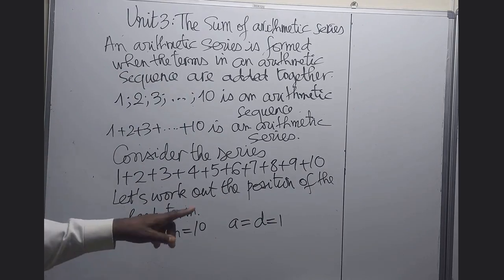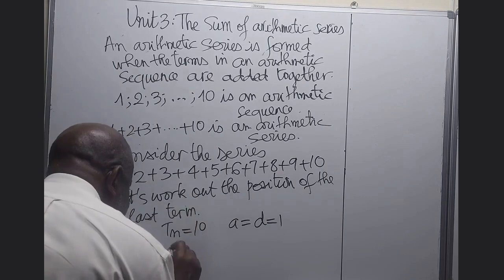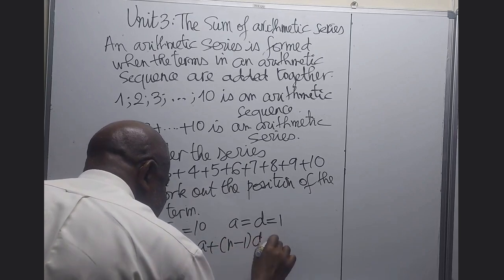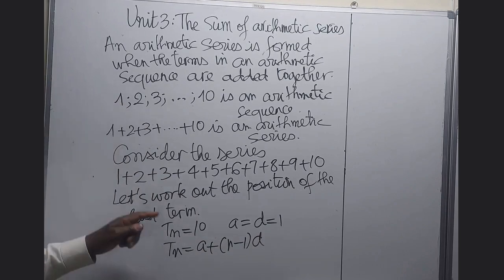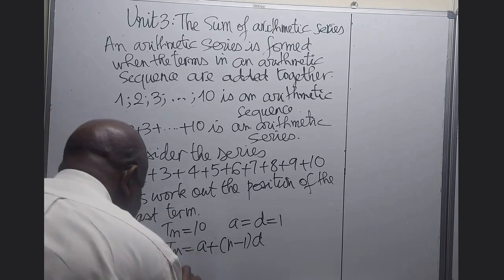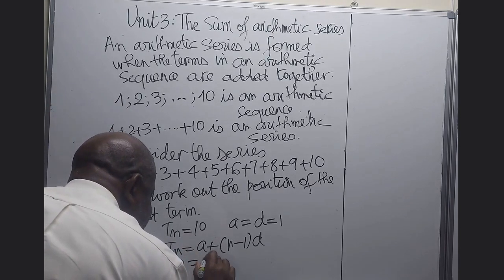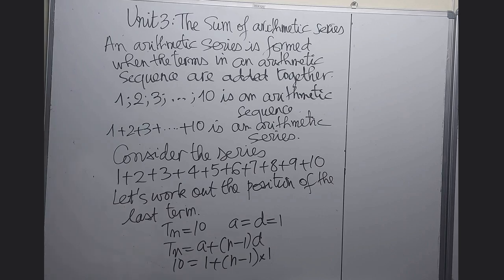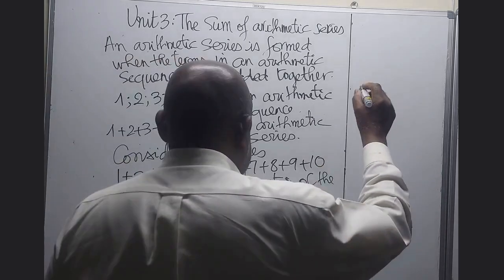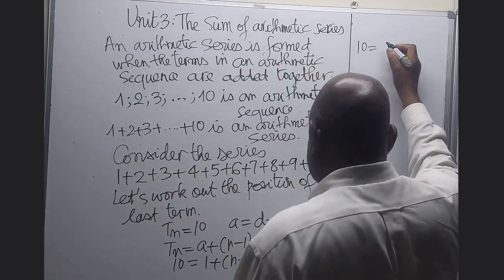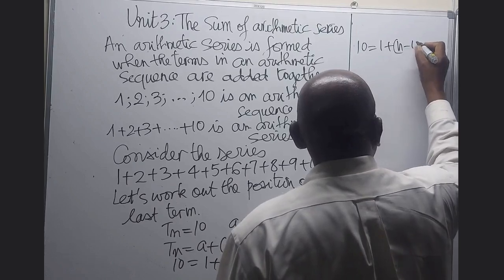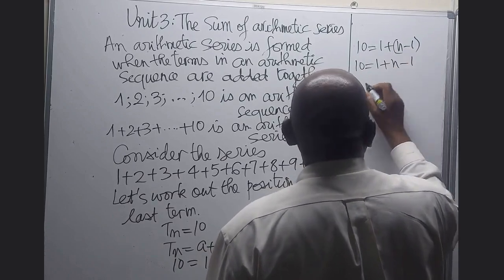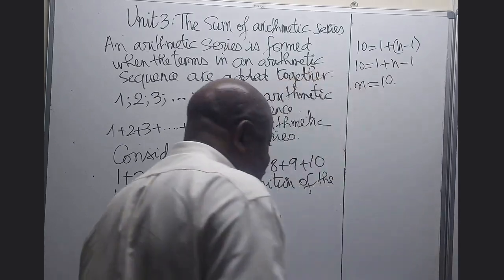We want to work out the position of the last term. So we have Tn is equal to a plus n minus 1 times d. Our last term of the series is 10, so 10 is equal to 1 plus n minus 1 times d, with the common difference equal to 1. So 10 is equal to 1 plus n minus 1, and our n will be equal to 10.